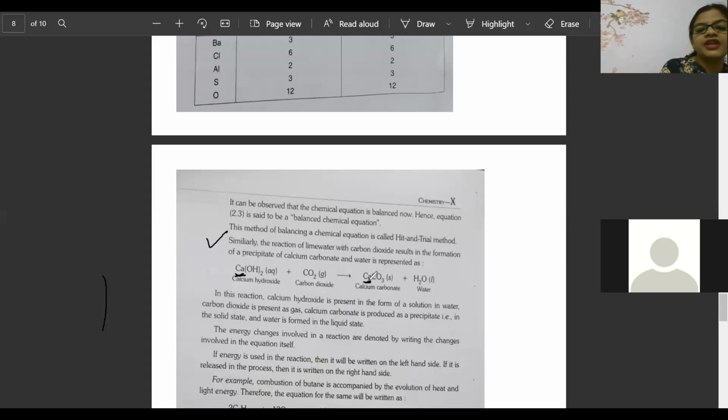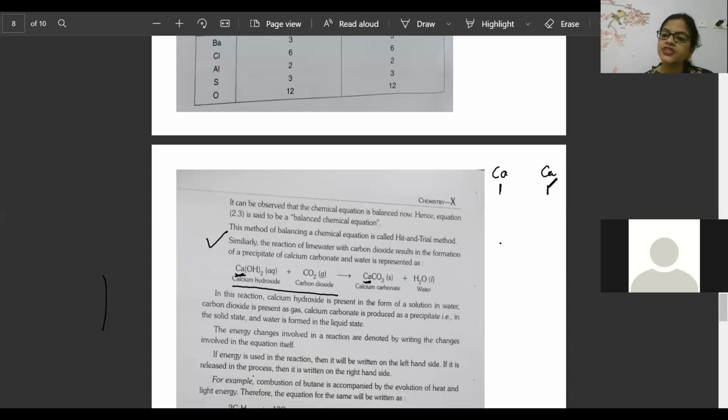Now, what is the oxygen number? Total oxygen number on the reactant side. Calcium is left side 1, right side 1. Now, let's talk about oxygen. What is the total oxygen number here? Very good.